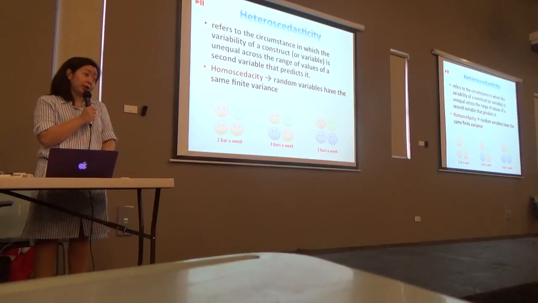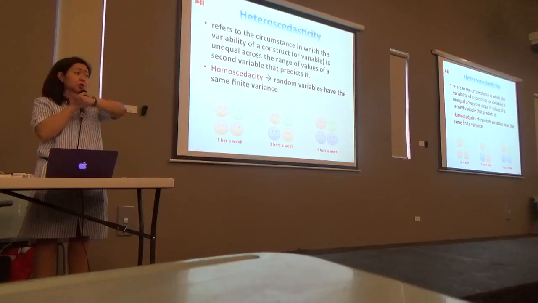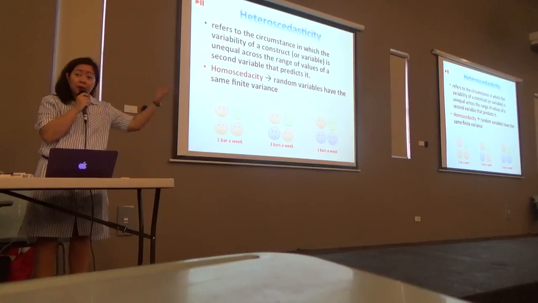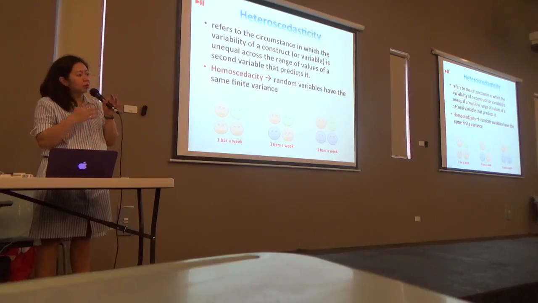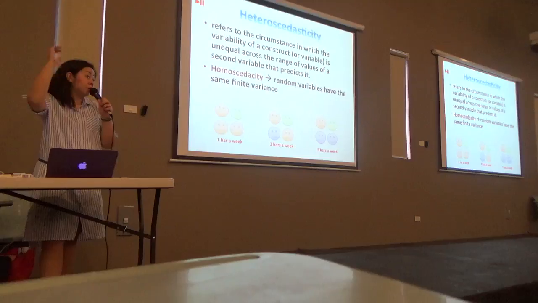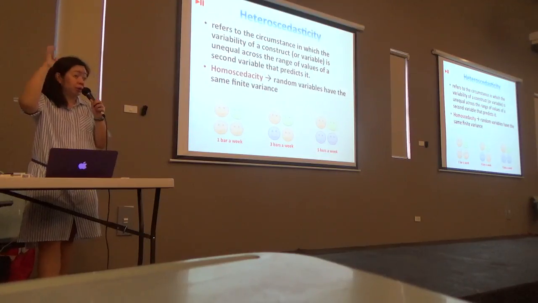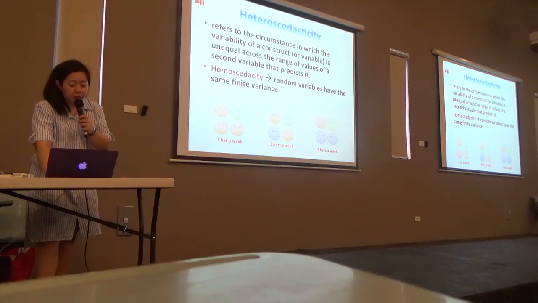You should report it: test 1 was administered at this time, test 2 at this time. Should I administer it 1 hour, 2 hours, 1 week after? That depends on your theory, or on the evidence that you're basing it from.